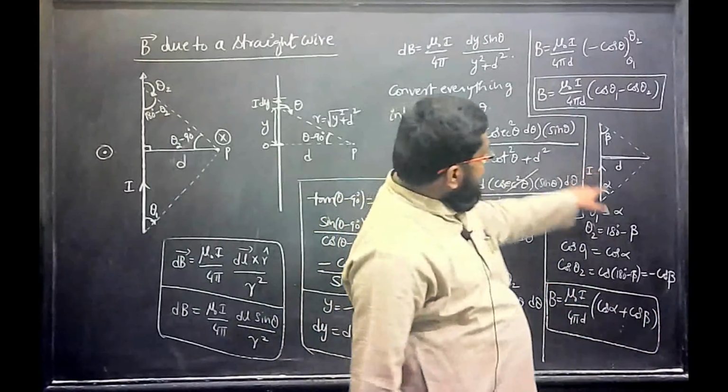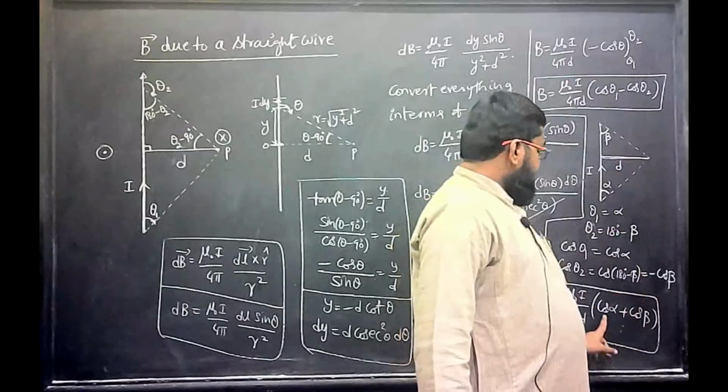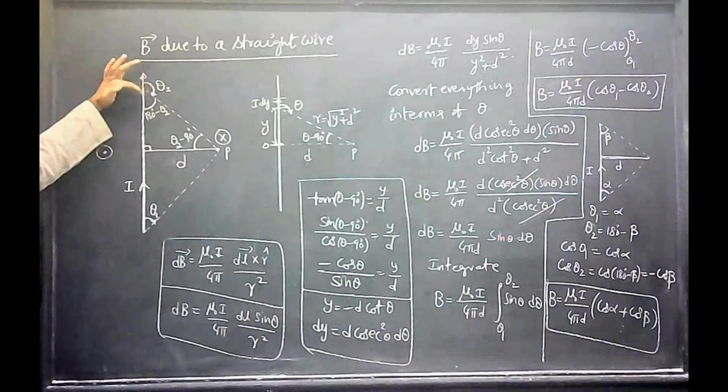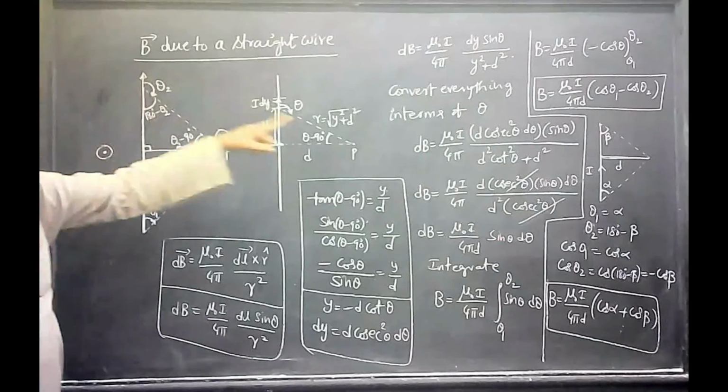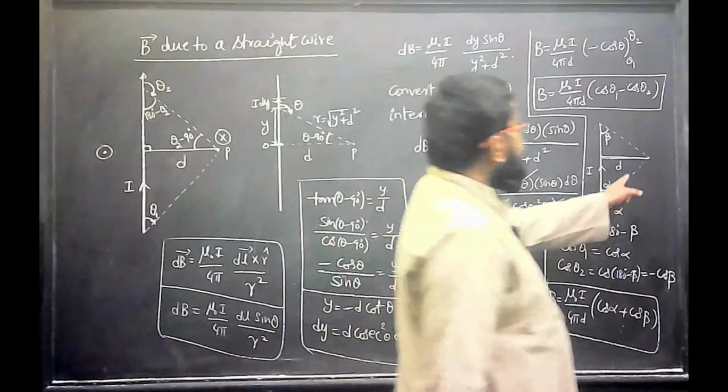So if you know the interior angles, this alpha and this beta, you can use cos alpha plus cos beta; if this angle is known, theta 2 is this, then it will be cos theta 1 minus cos theta 2. You can even convert into these other angles also.